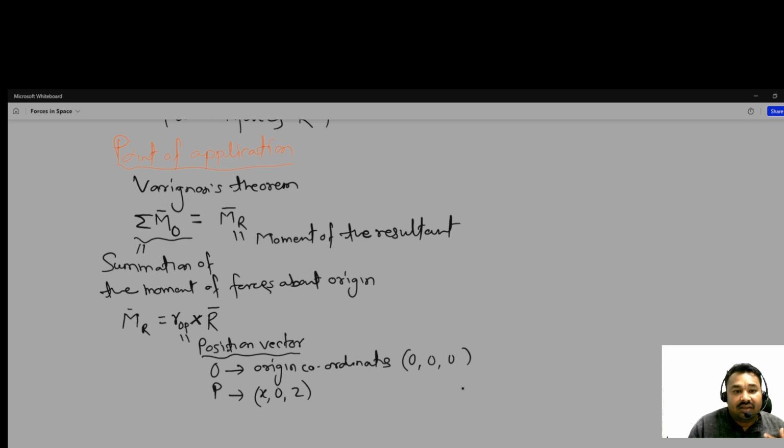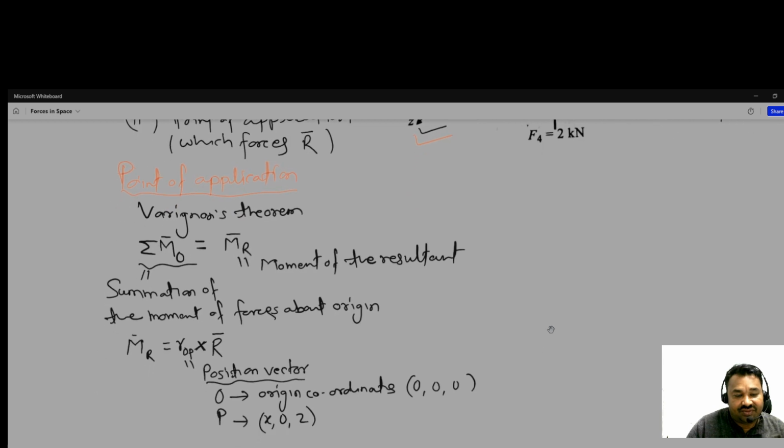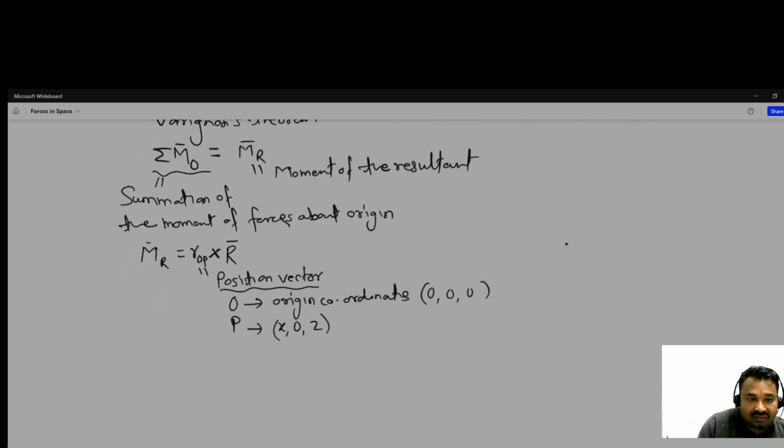Okay, now what is R? R is the resultant of the forces. R vector is the resultant force vector.